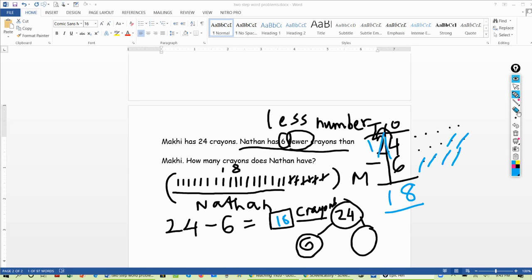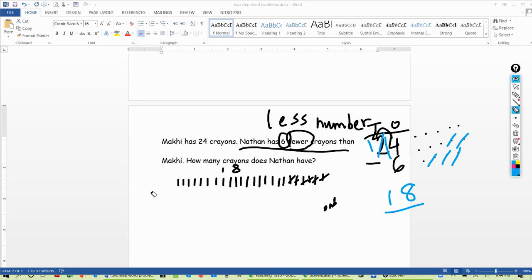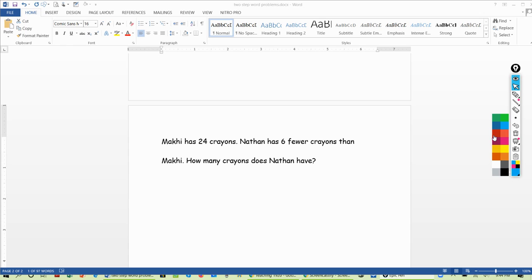Now let me show you another way using a comparison bar. Of course, the math mountain and everything stays the same. So when you use the comparison bar, let's say I'm going to draw Makai's crayons in red.